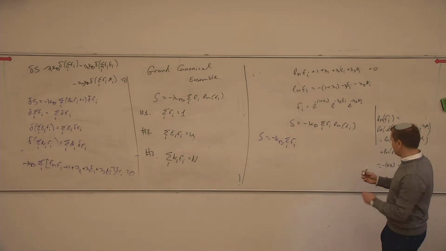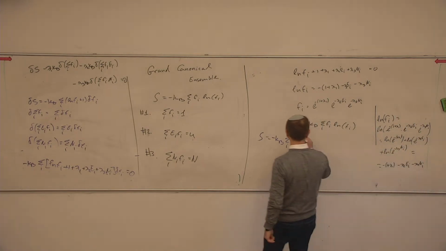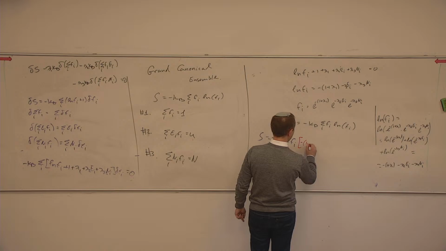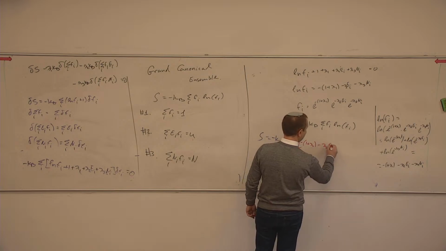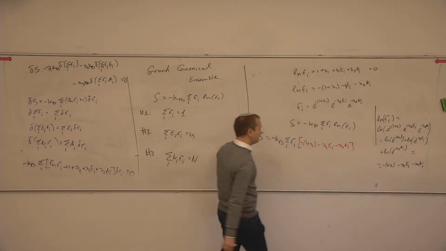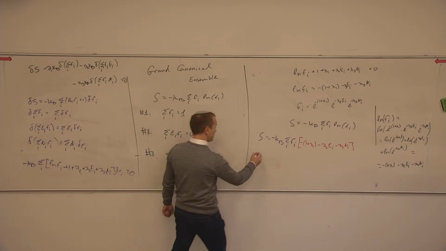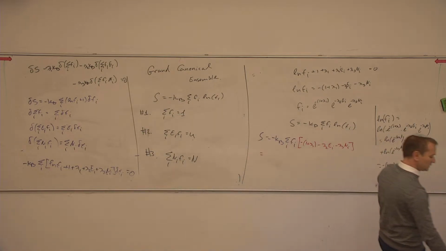Okay, so we have over here the following expression: minus 1 plus lambda 1 minus lambda 2 EI minus lambda 3 NI. Hooray, hooray! Let's separate this into 3 different sums.